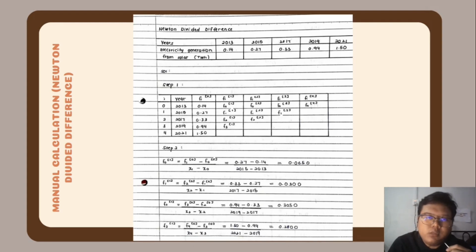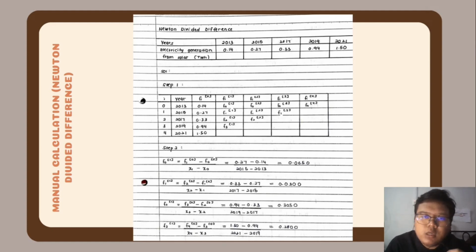For step 1, I take the information from the above table and include it in a new table for the year, the zeroth Newton divided difference, first, second, third, and fourth. That's step 1.